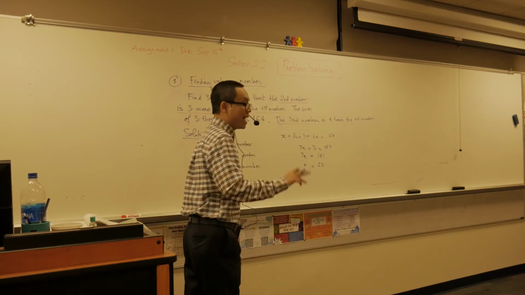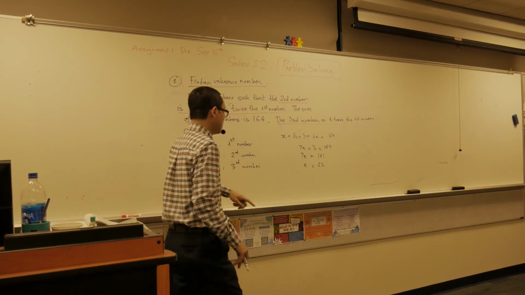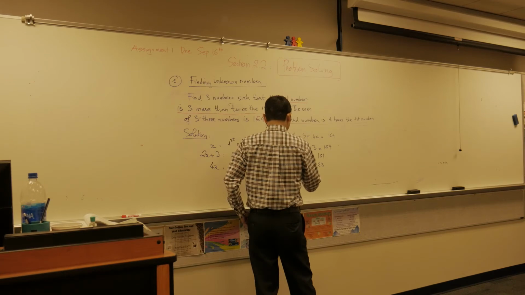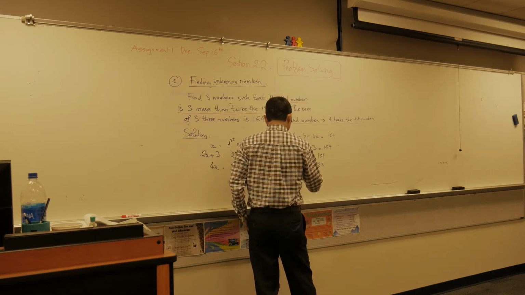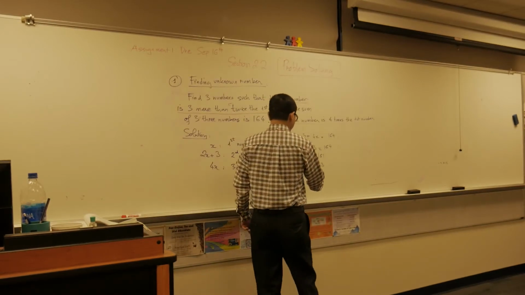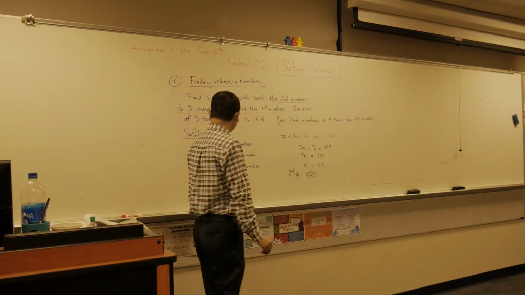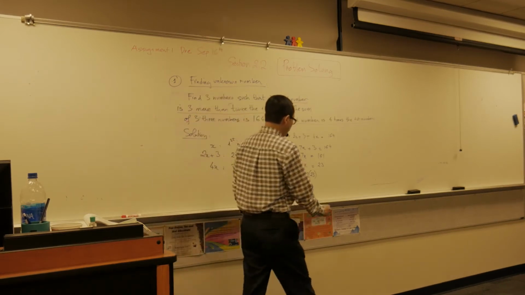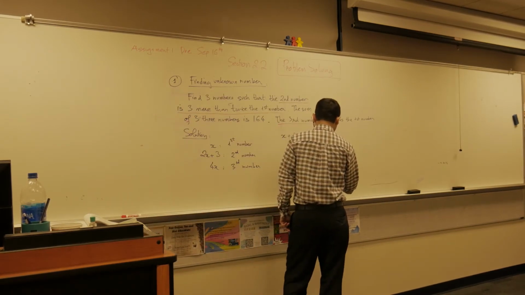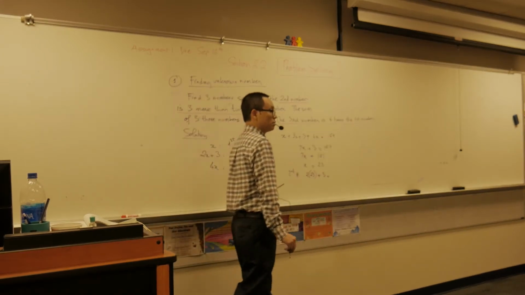Alright. But that is just the first number. We want to find all three numbers. So the second number will be 2x plus 3. So it will be 2 times 23 plus 3. So 2 times 23 is 46. Plus 3 is 49.